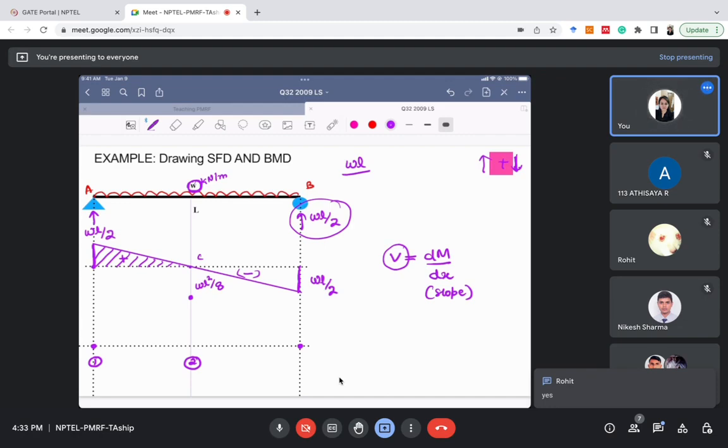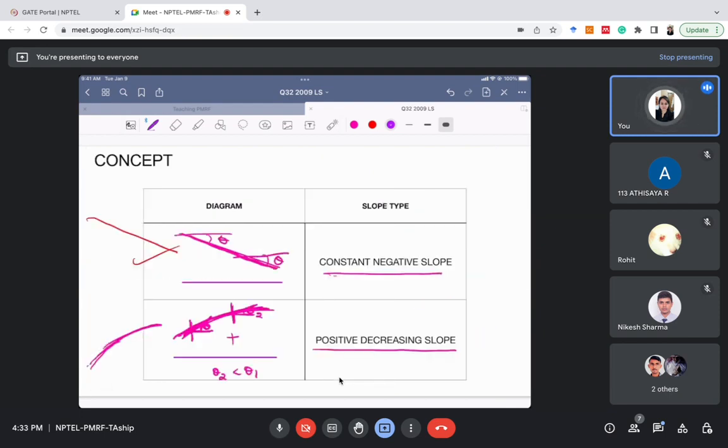So what is the shape of a positive and decreasing slope? I have discussed this already. The positive decreasing slope looks like this. Why positive and decreasing? Because here, if you draw a tangent, it is theta 1. And here, if you draw the tangent, it is theta 2.